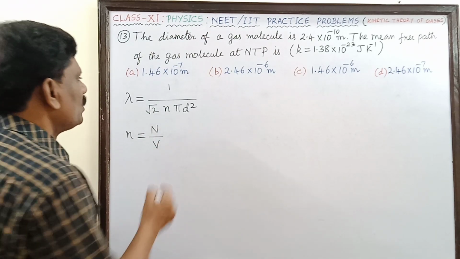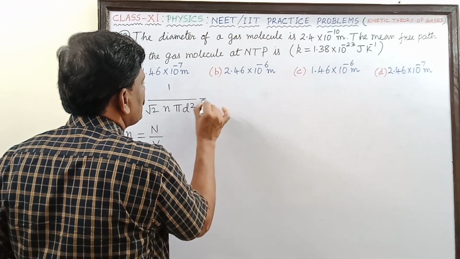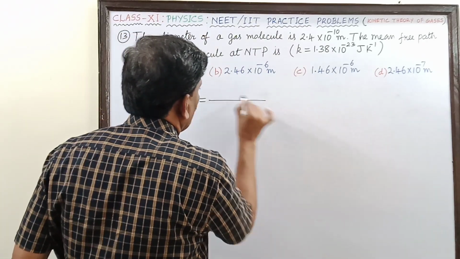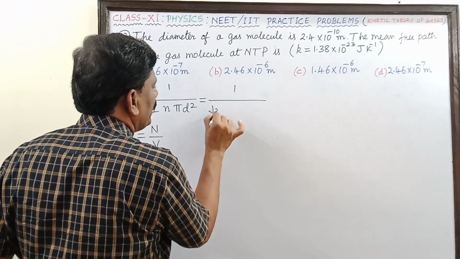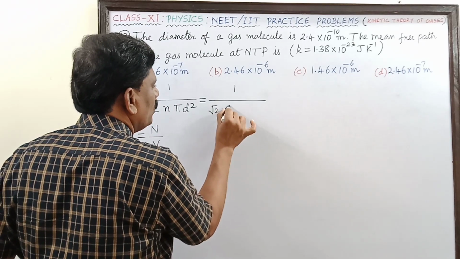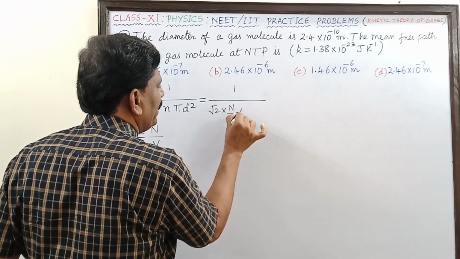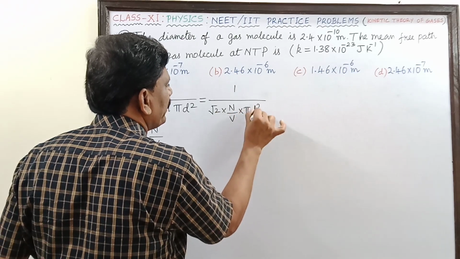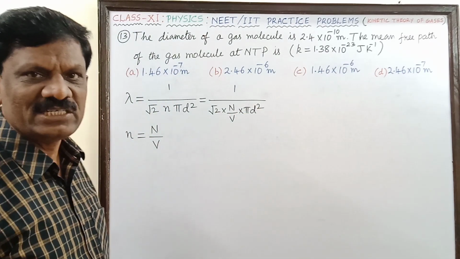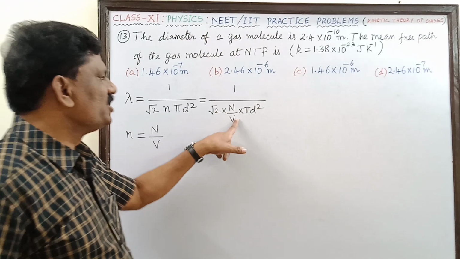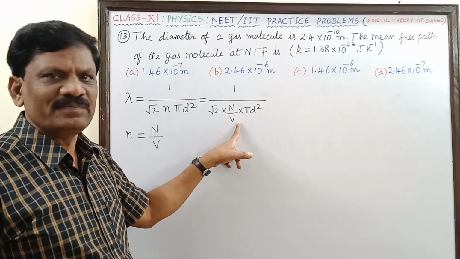Understood? So I am going to substitute here. So lambda is equal to 1 divided by square root of 2 into capital N by V into pi d square. Small n is substituted by capital N by V.